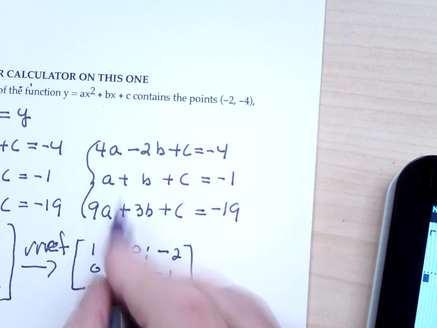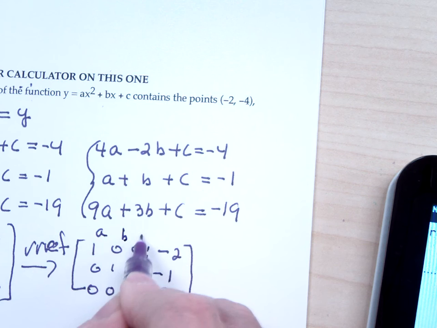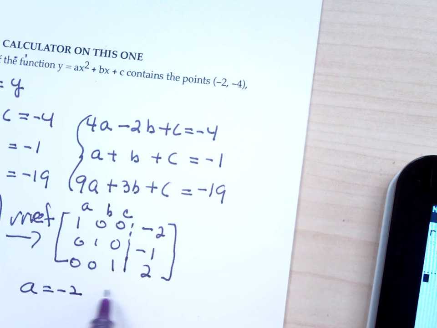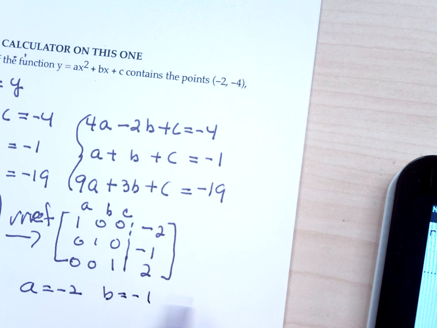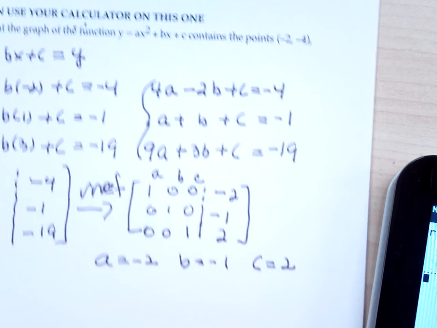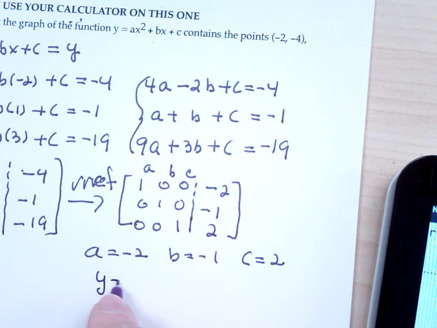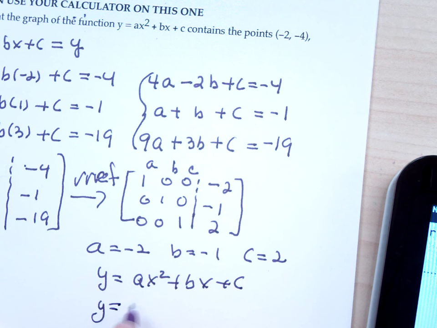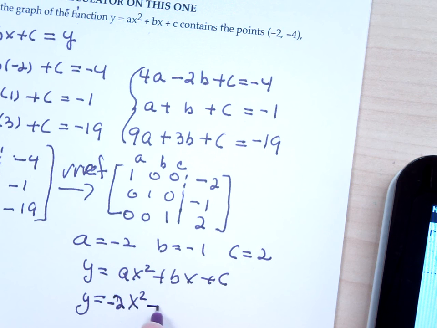So this is A, B, and C. So this says that A is negative 2, B is negative 1, and C is 2. Or we know that Y is AX squared plus BX plus C, or Y is A, which is negative 2, X squared, B, which is negative 1x, plus C, which is 2.